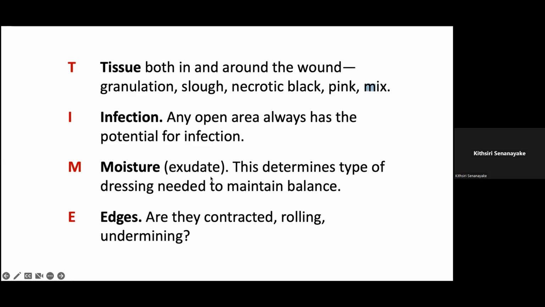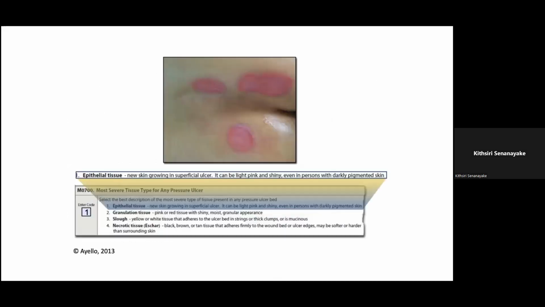Also you need to think about the status of the moisture, whether it is highly exudating or it is a dry wound. And finally, you need to think about the edge of the wound, right? Okay, so this was discussed previously. When you see a wound, you should be able to identify these things.